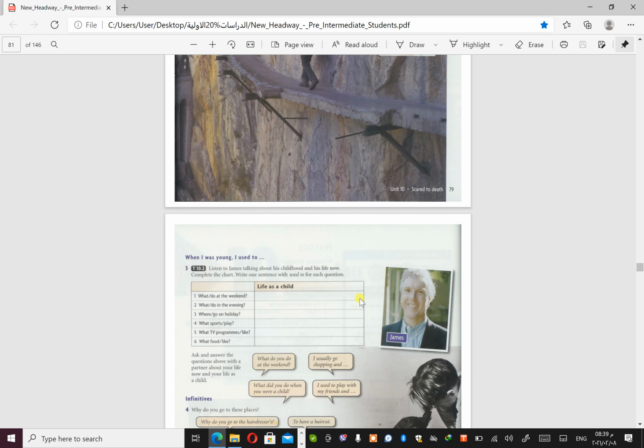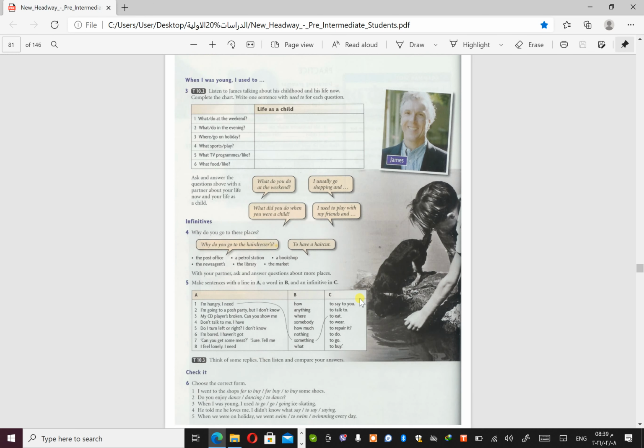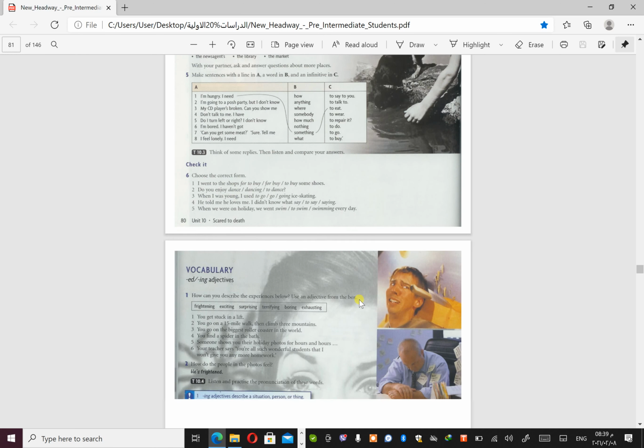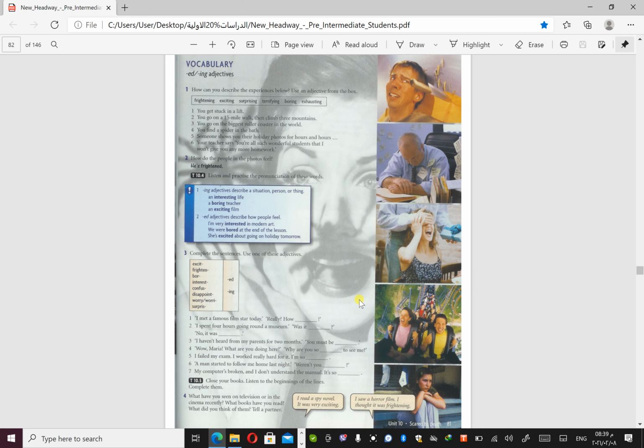You have to remember the pattern, how to use -ing or to plus base verb. Also, this unit talks about -ed or -ing adjectives. So what is the difference?